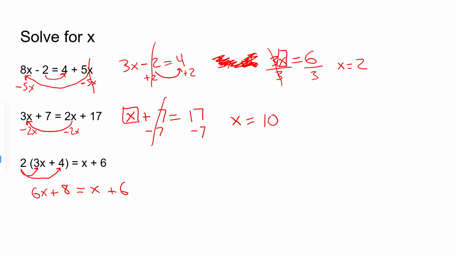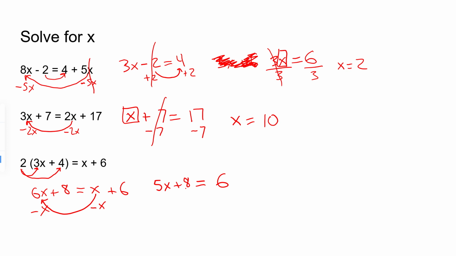So I want to move my x's over to this side. So minus x, minus x. 6x minus 1x is 5x. So when we rewrite this, we got 5x plus 8 is equal to 6.